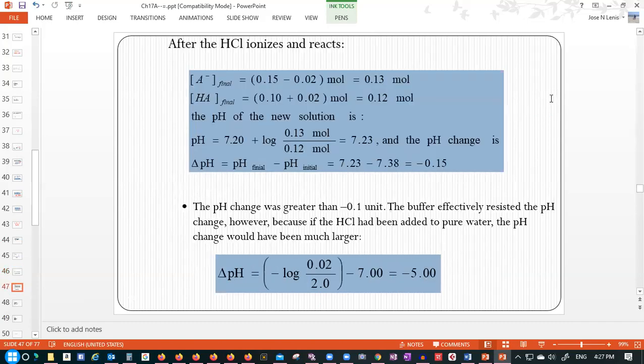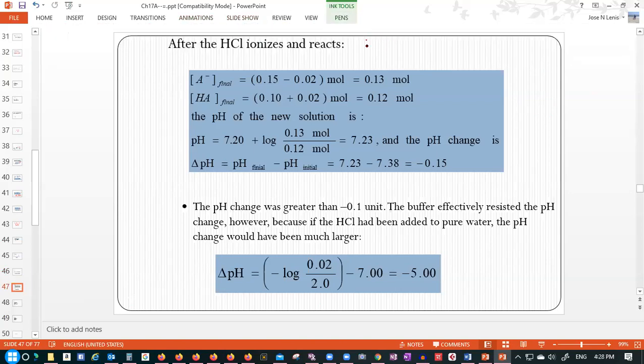Now let's see the changes that occur in the solution once you add the extra hydrochloric acid, and how that is going to affect the pH. So let's see what happens with the concentrations. Hydrochloric acid is a strong acid. Let me write it here so you will see it better.